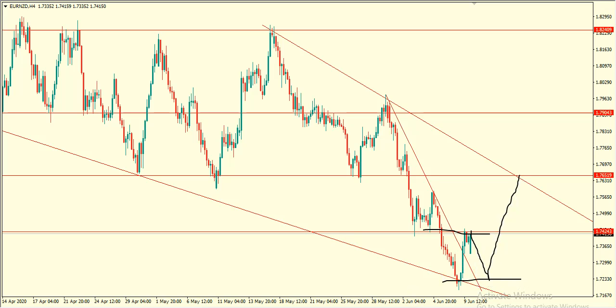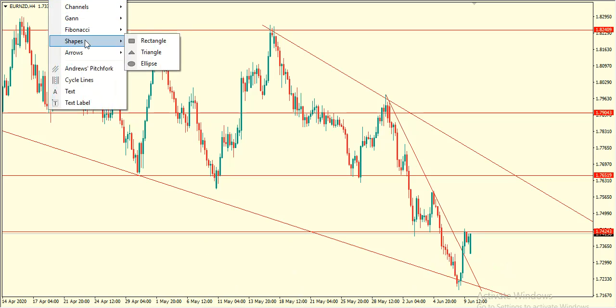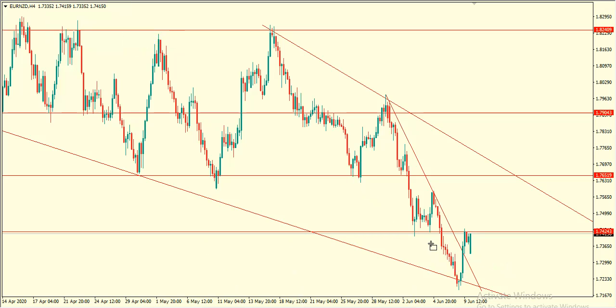That's the scenario that may play out. And then we might also see a push to this area. We might see price retest this area, and I will explain why I'm highlighting that area. So let me take a rectangle tool and pull it out there.